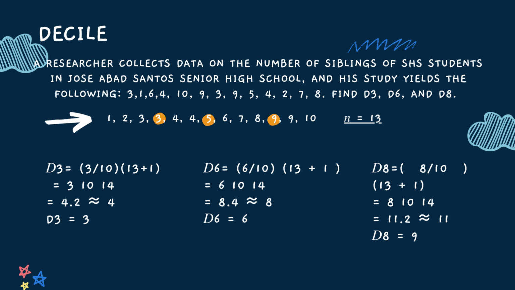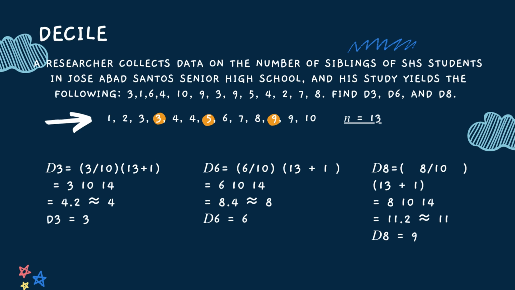So let's have an example here. Decile: a researcher collects data on the number of siblings of SHS students in Luciabad Santos Senior High School, and his study yields the following numbers here. I will not dictate this anymore, but here is a shuffled group of data.